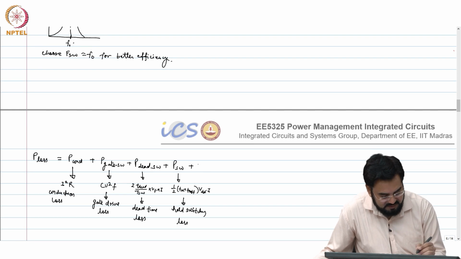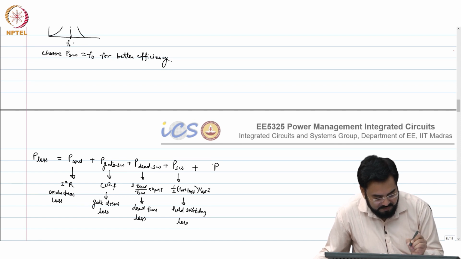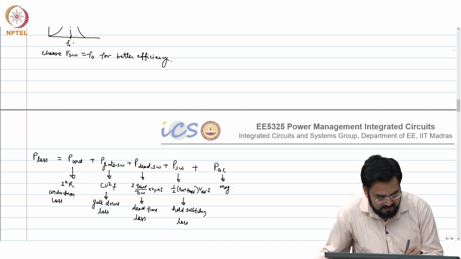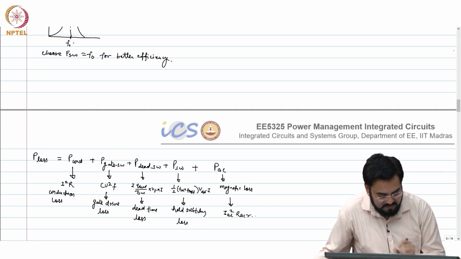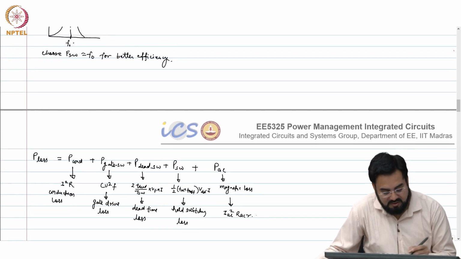Let's move it, create some space. P of AC. And this is your ISC square into RAC. Okay.